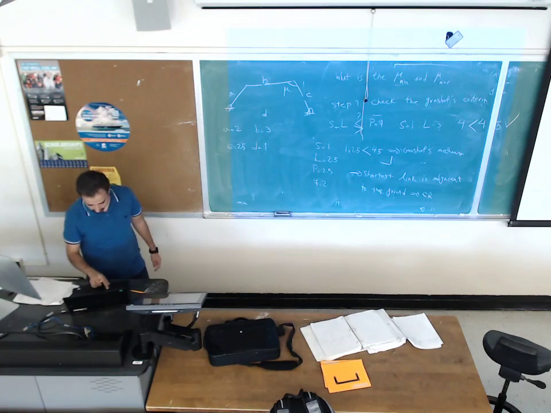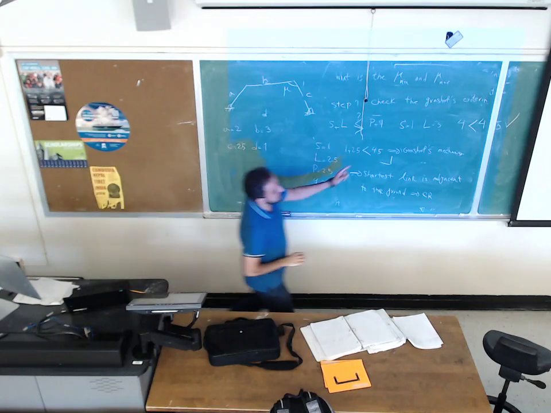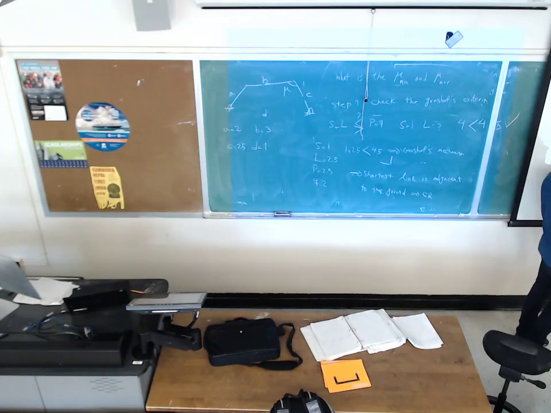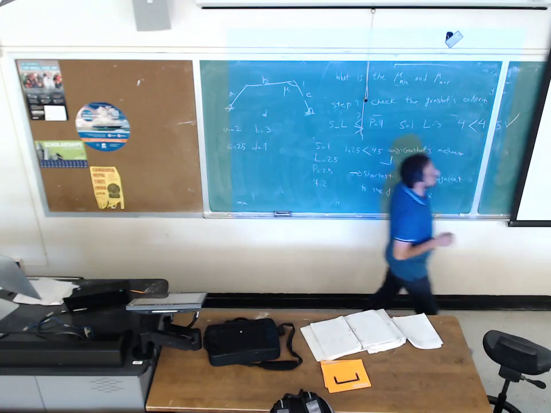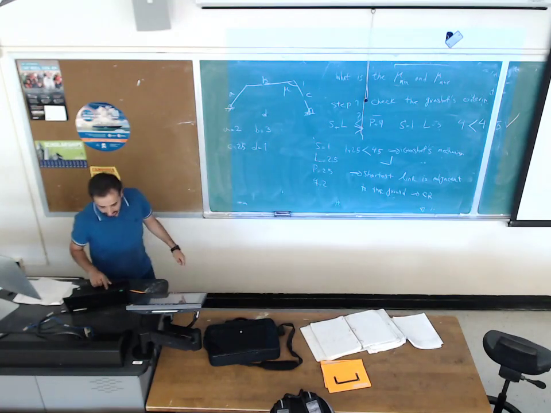If you remember, if you have a Grashof mechanism and the shortest link is the ground, we are going to have a double crank.